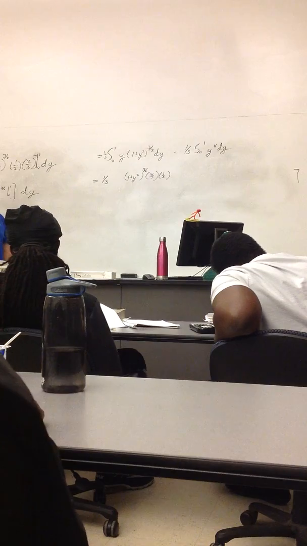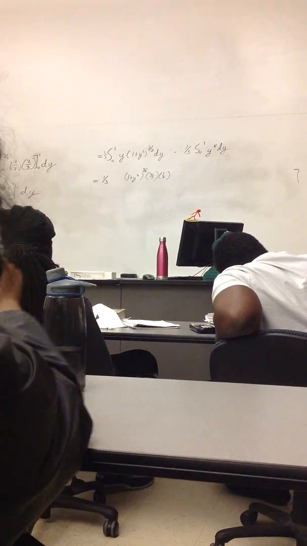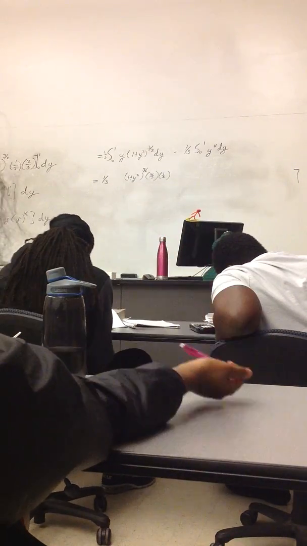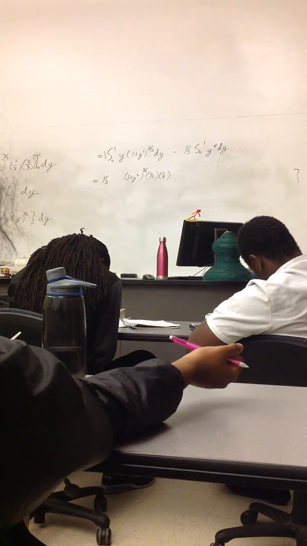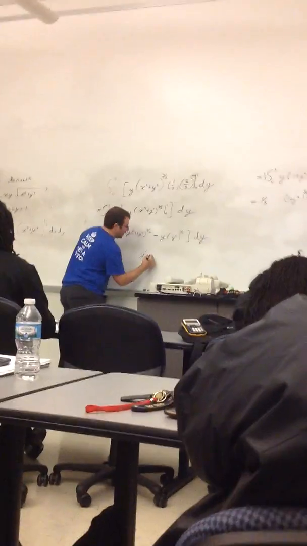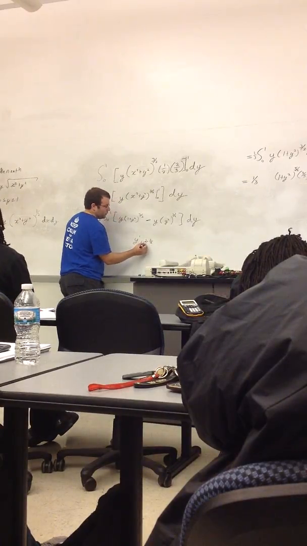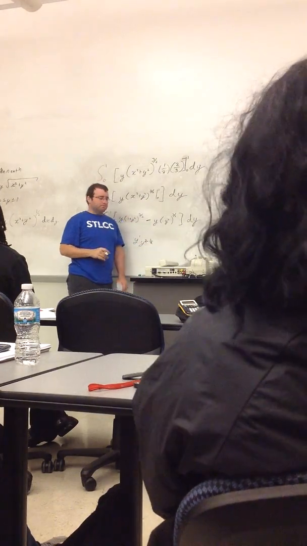Can you quickly go over again how you changed the y times the y squared to the 3 halves and made it that? Sure. This is y to the first, y to the 2 times 3 halves. The 2's cancel. This is y cubed plus 1 more y, y to the fourth.